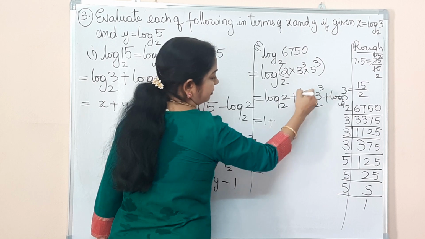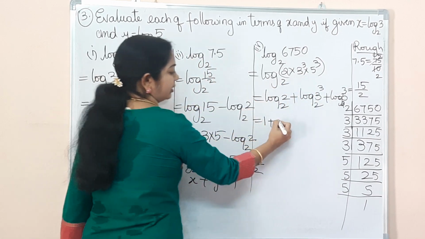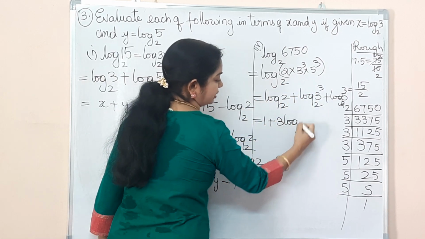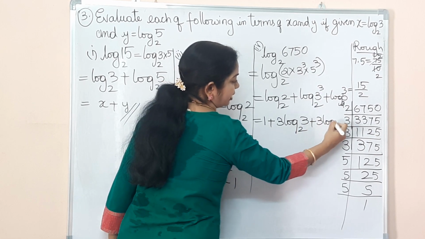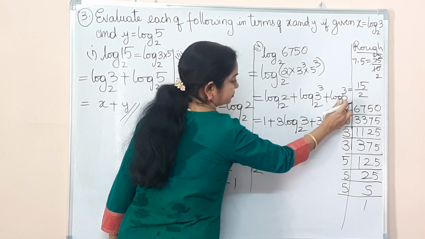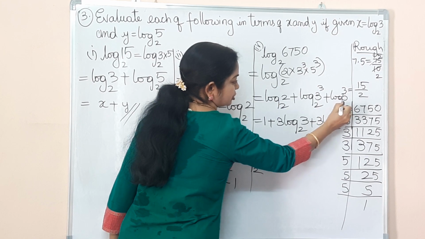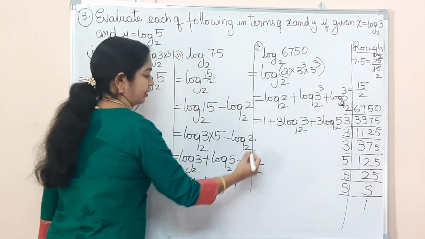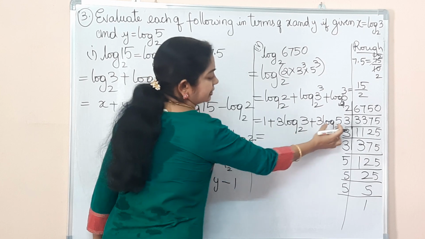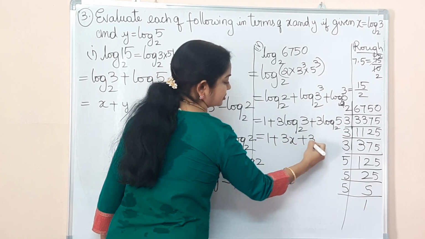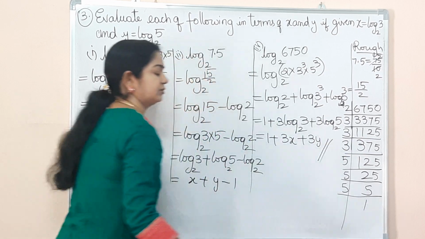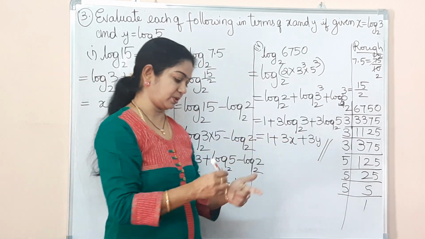The powers we can bring forward: 3 log 3 base 2 and 3 log 5 base 2. Now here, these are x and y. So 1 plus 3x plus 3y. So we have brought it into the x and y terms.